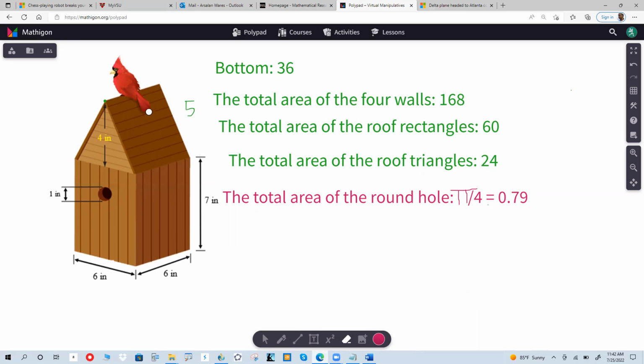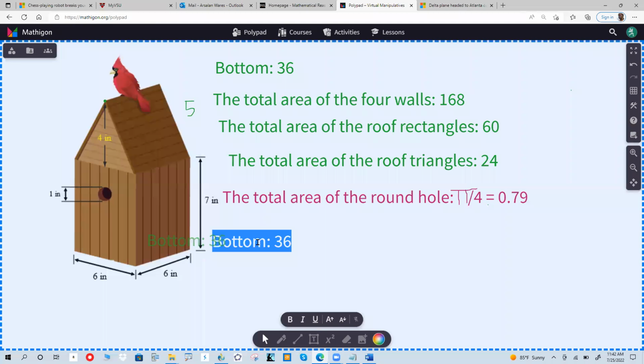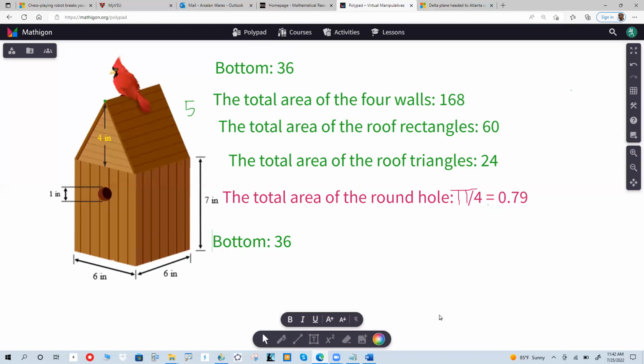Okay, so I'm going to write here the total surface area. The total surface area of the little birdhouse is equal to 36 plus 168 plus 60 plus 24.